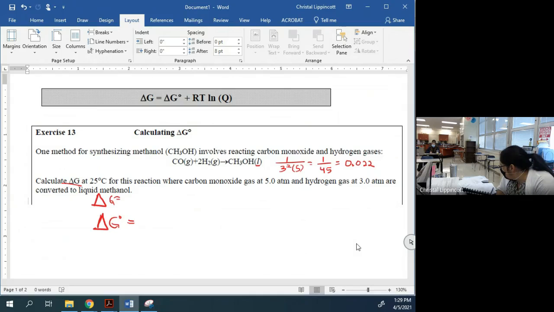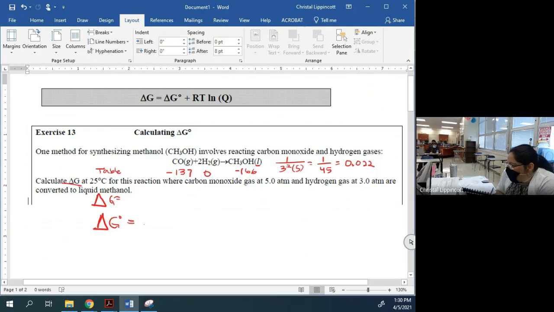So delta G is a negative 166 for this one, our hydrogen is 0, and our carbon dioxide is a negative 137. Again, these values would have had to come out of a table. You don't have to memorize those. They would be provided for you. They just weren't provided in this problem, so I apologize for that. That's something I should have added in.